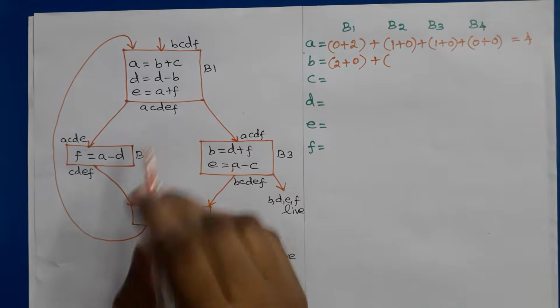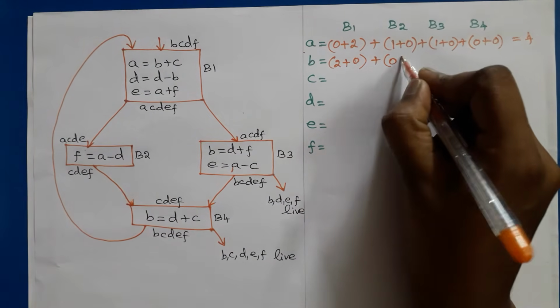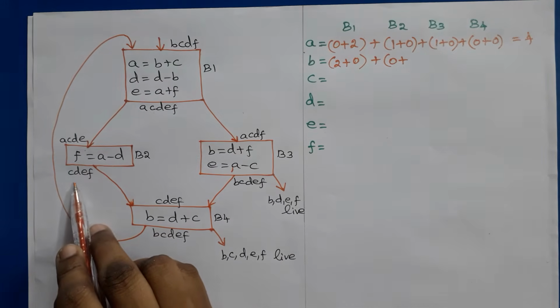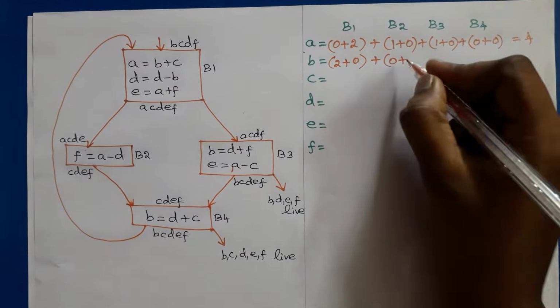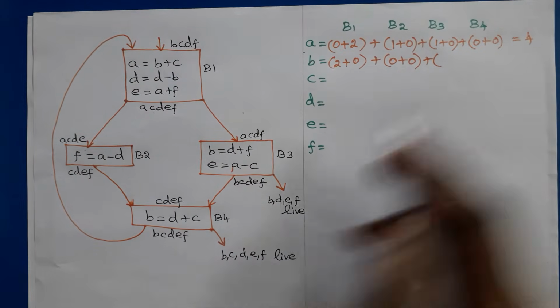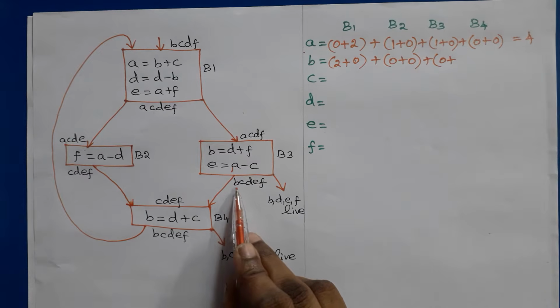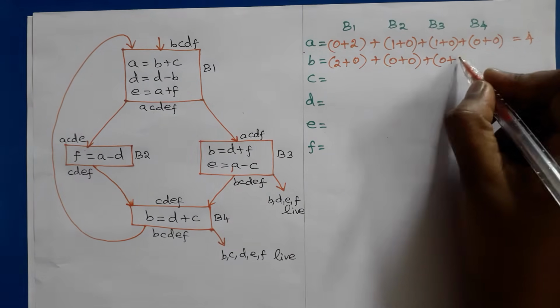Plus in B2, b is not used, so 0, plus b is not live on exit, so 0. Plus in B3, b is not used, so 0, plus b is live on exit and it is assigned a value, so 2.